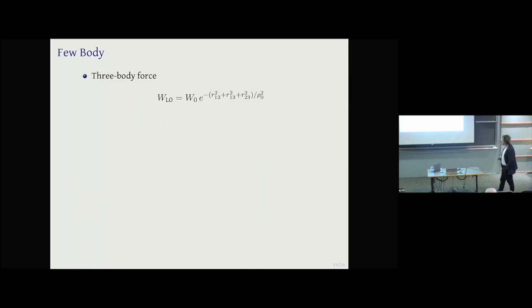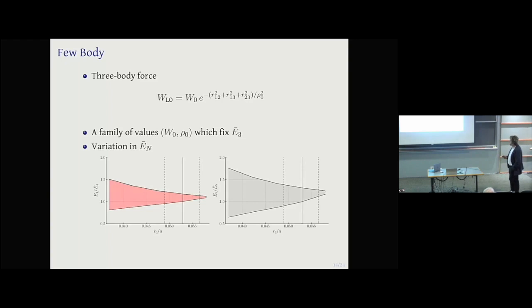So we put in a three-body force, we have 2 parameters, and we have a family of parameters which fix the three-body energy. So we want to fix a datum, we fix the three-body energy. And clearly, this family gives us different values in the four-body sector.